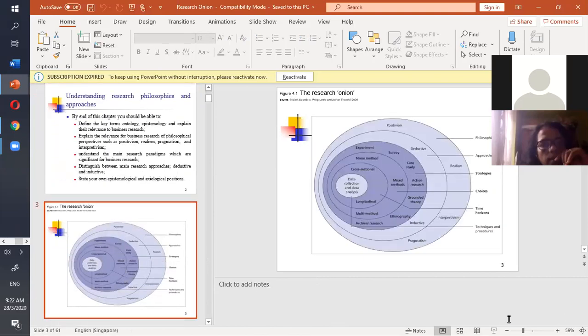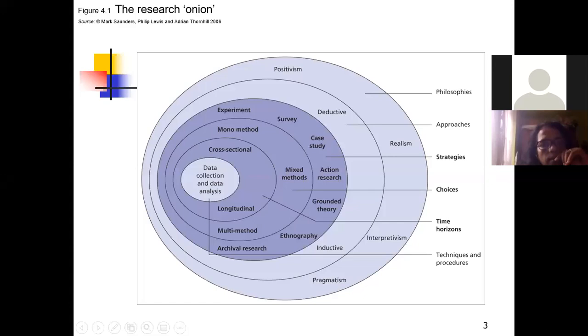This is how it looks like. Right? You can see in the very outermost layer, we have philosophies. Then comes approaches, and then strategies, and then you have choices, then finally the time horizons, and then you find data collection and analysis.